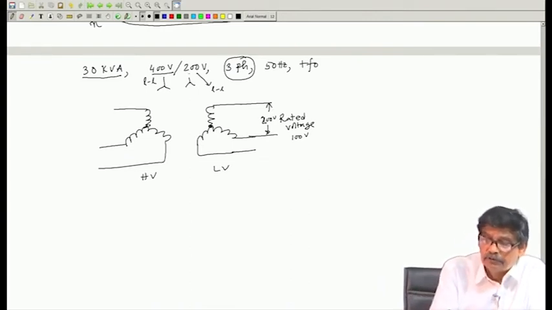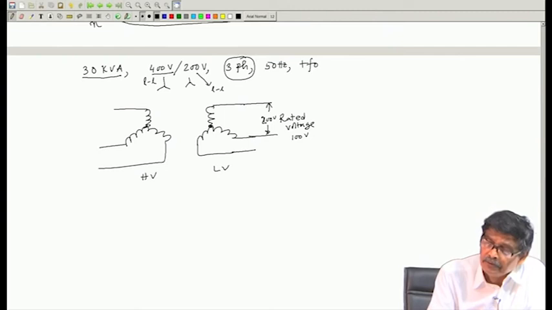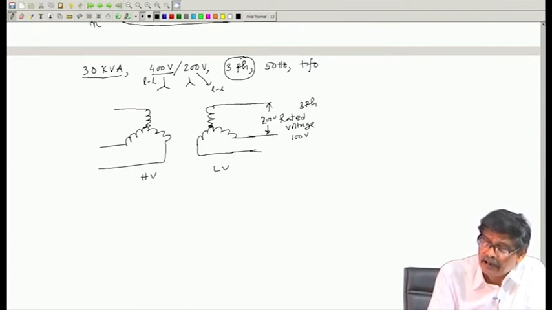This 200 volt never tells you that this LV side voltage rating is 200 volt. 200 by root 3 is the rated voltage of the LV side, but anyway 200 volt you apply. You connect 3 phase 200 volt and you connect ammeter and also wattmeter, and better connect 2 wattmeters because it is a 3 phase system.